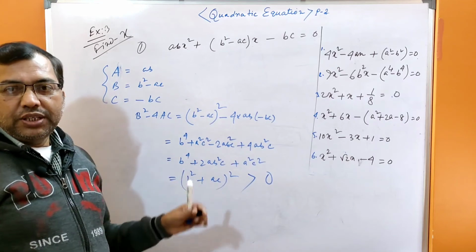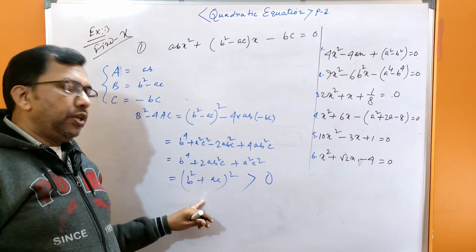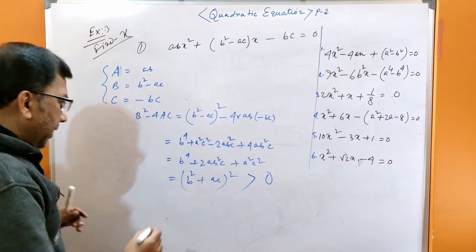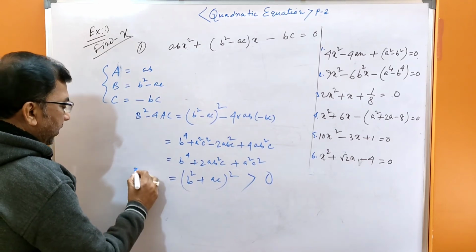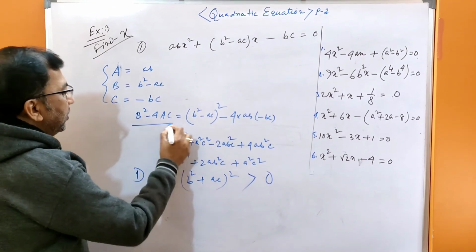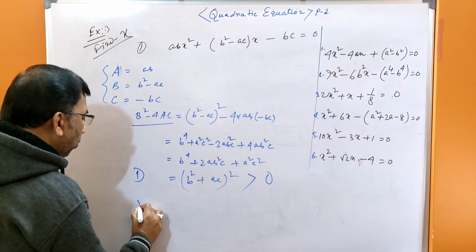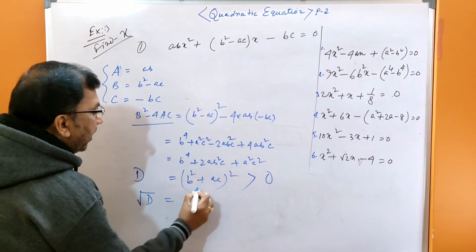B square minus 4AC. Alpha will be minus B plus root D. तो ये D है. B square minus 4AC D. तो यहाँ से रूट D का वैल्यू क्या आएगा?